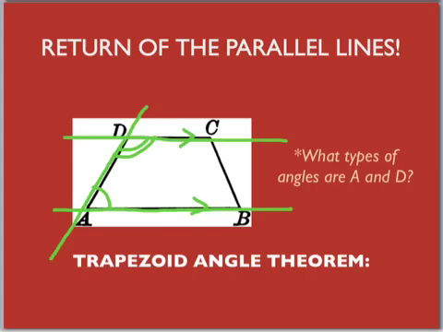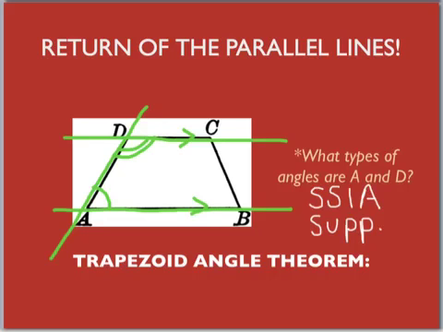Hopefully, you came up with same side interior angles. Okay? And same side interior angles are supplementary. They're on the same side of the transversal, so they're both on this side of the transversal, and they're in between the parallel lines, so same side interior. And we know same side interior angles are supplementary.